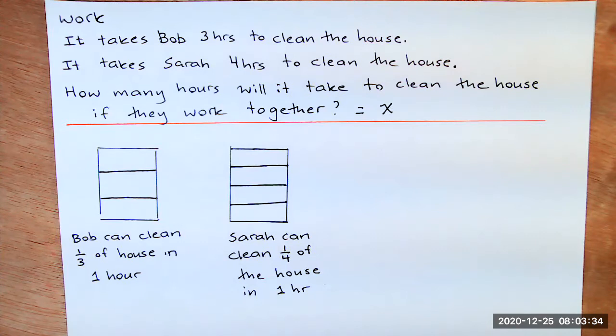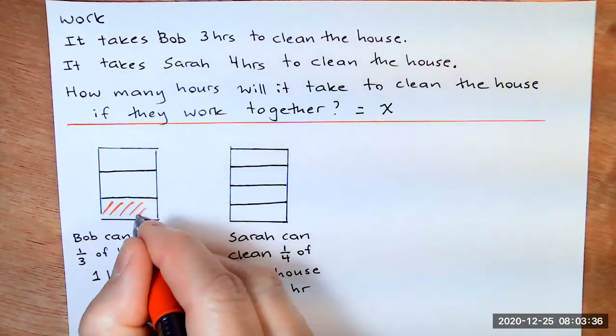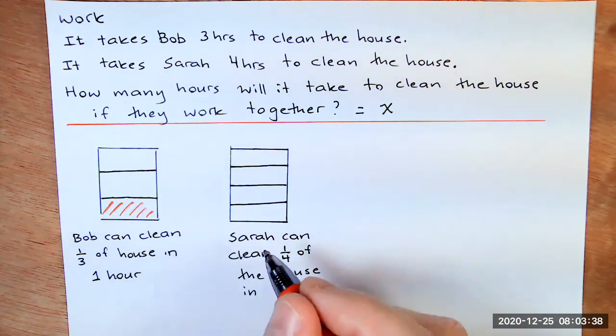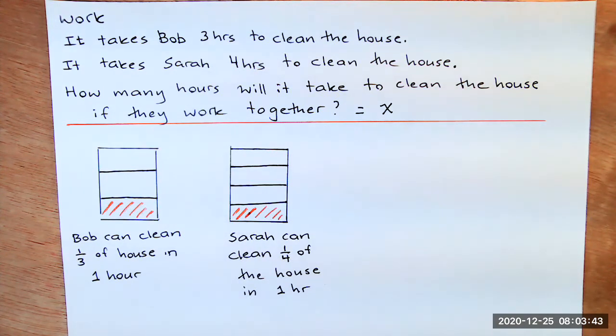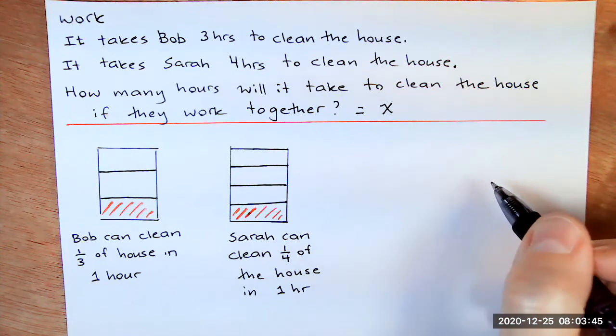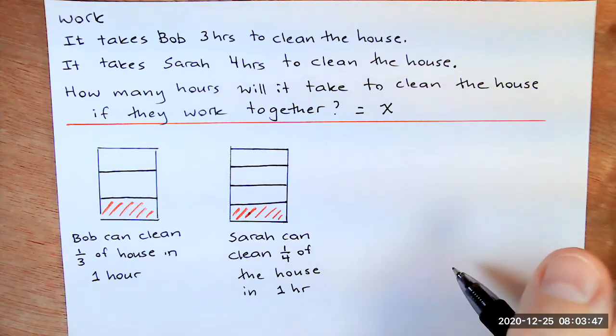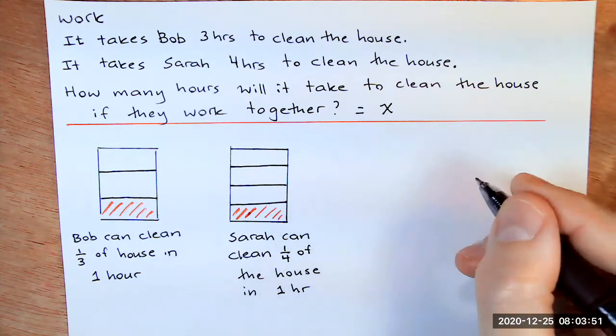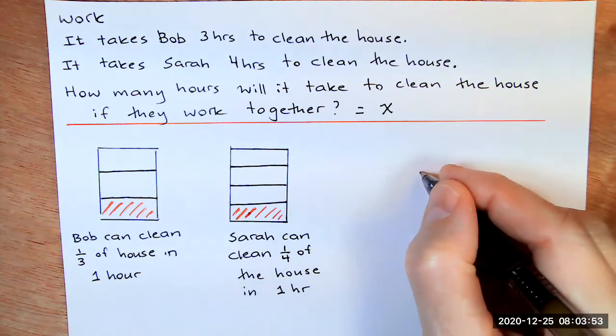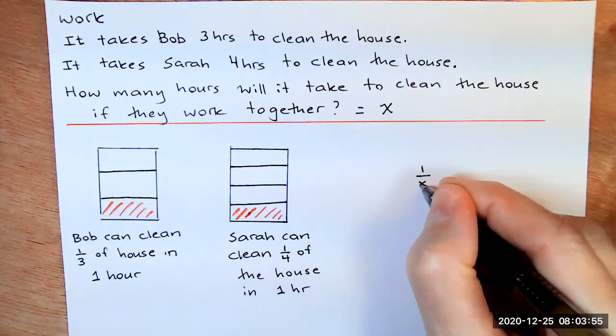So if Bob can clean a third of the house in 1 hour, and Sarah can clean a fourth of the house in 1 hour, then what part of the house can they clean in 1 hour if they're working together? Well, that would be 1 over x. Let me write that down.